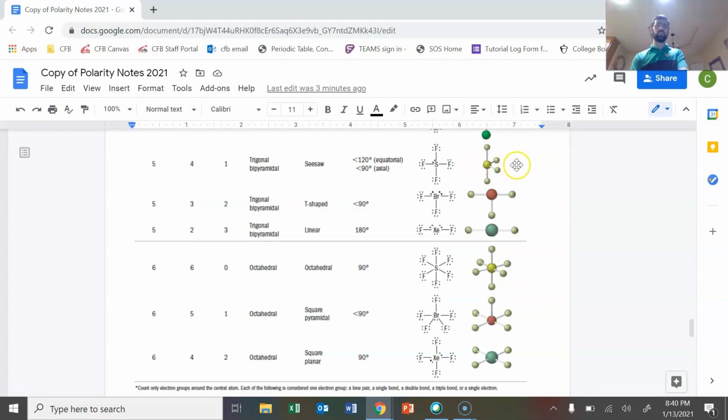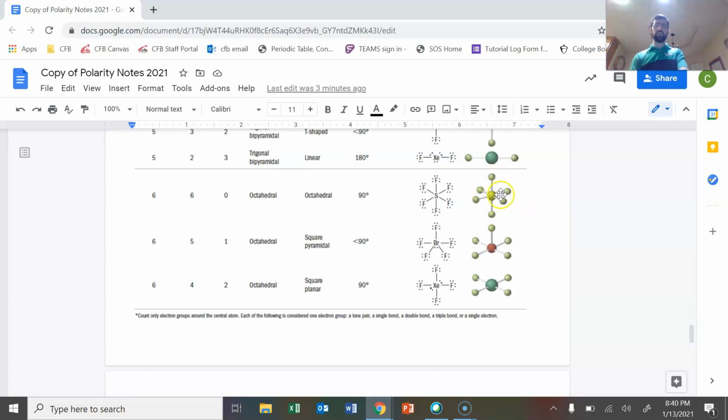This is a polar molecule, just like this one here. These two cancel each other out, but this dipole doesn't have anything to cancel it out, so this is a polar molecule. Okay, we have two dipoles here in opposite directions, and there's nothing else, so this is a nonpolar molecule.